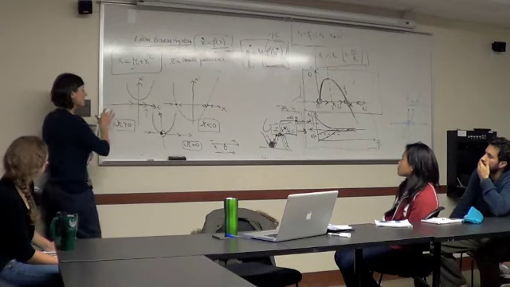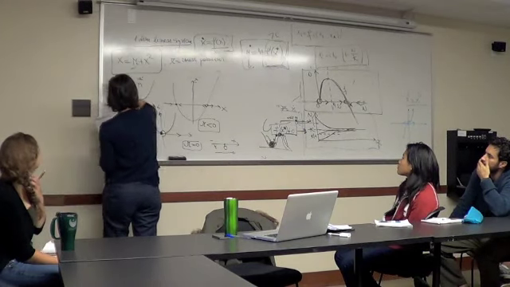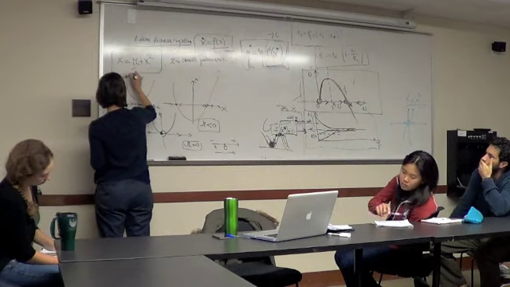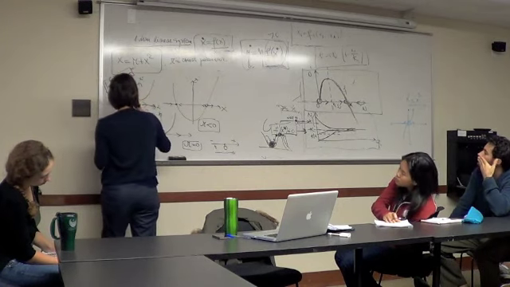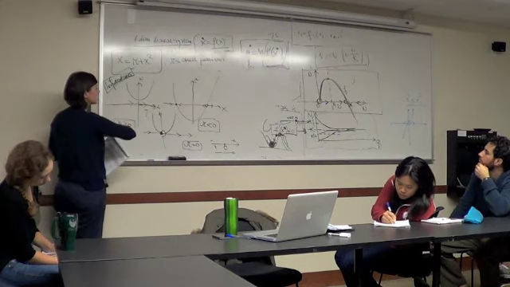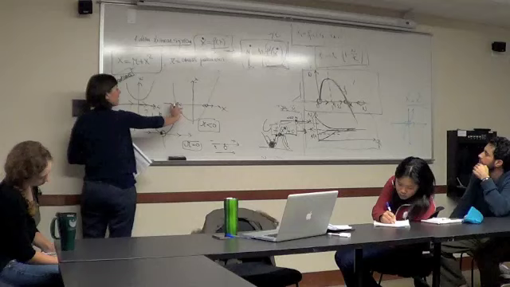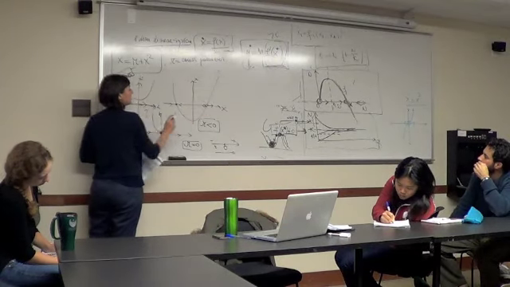These are called bifurcations of the system. Based on the parameter, we see this change in how many stability points there are.